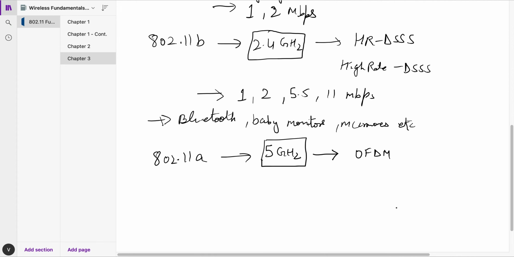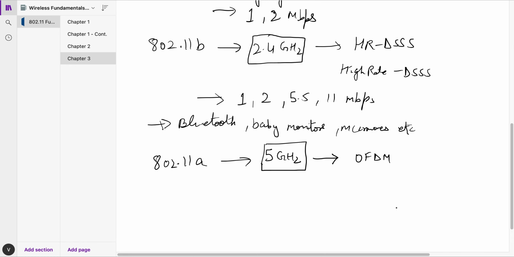With this better modulation, we were able to support data rates up to 54 Mbps: 6, 9, 12, 18, 24, 36, 48, and 54 Mbps, right?